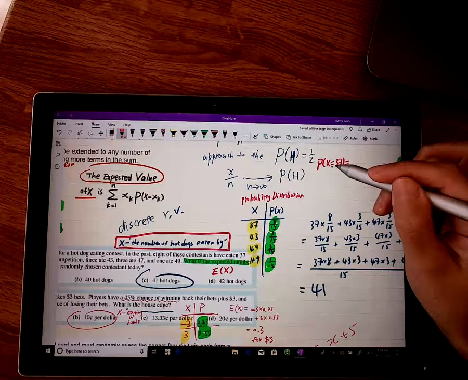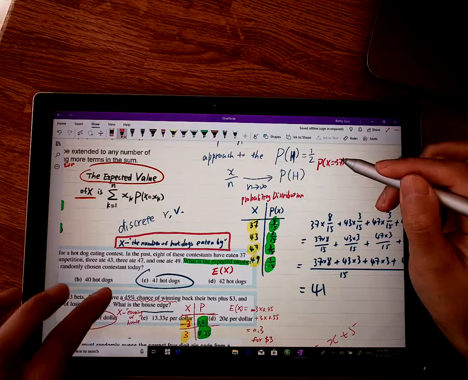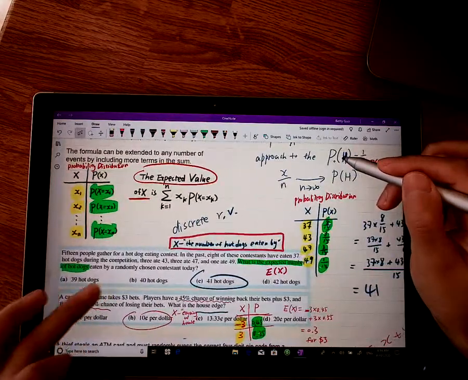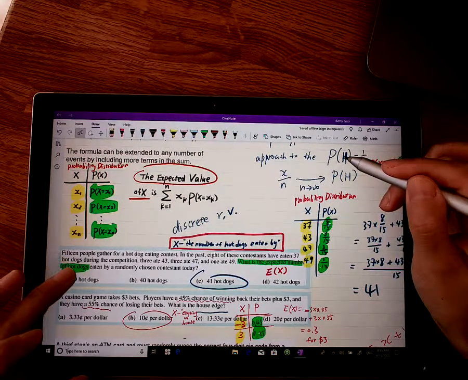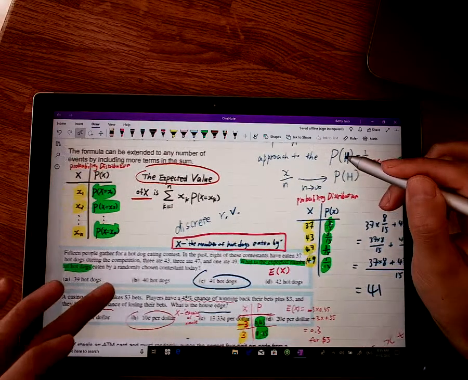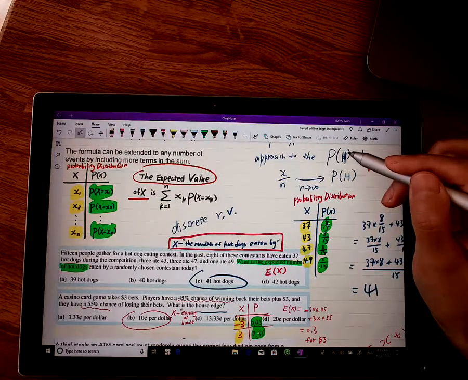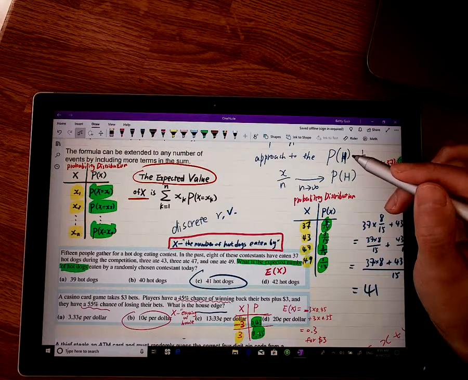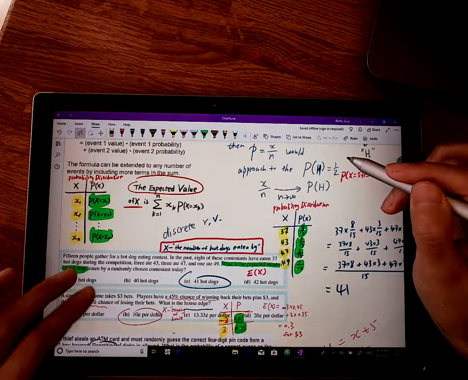We have just talked about the law of large numbers, the definition of empirical probability. So in the past, for all the computations, 15 people gather for a hot dog eating contest. So basically you have a sample with the size 15.